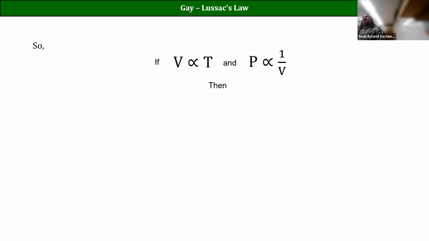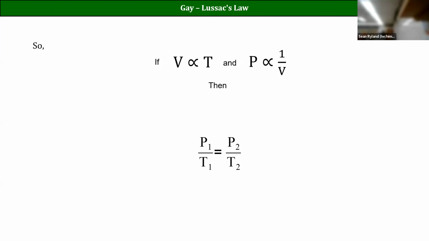This allowed us to then get, okay, well, if volume is proportional to temperature and pressure is proportional to 1 over volume, we can get almost the same equation, except with pressure instead of volume. P1 over T1 equals P2 over T2. You guys see how these are all basically different ways of saying the same thing?